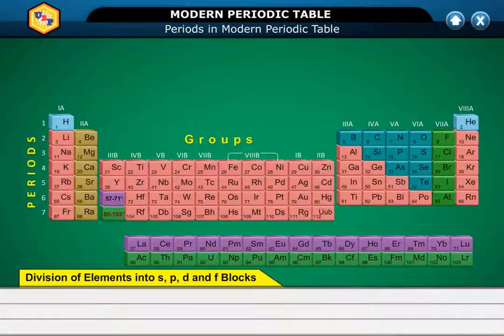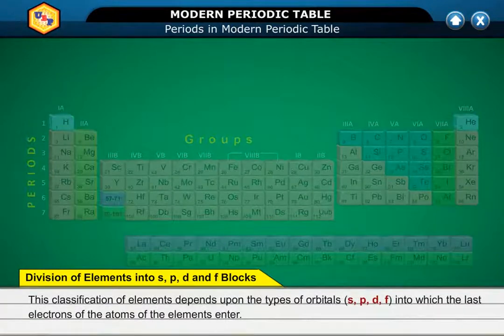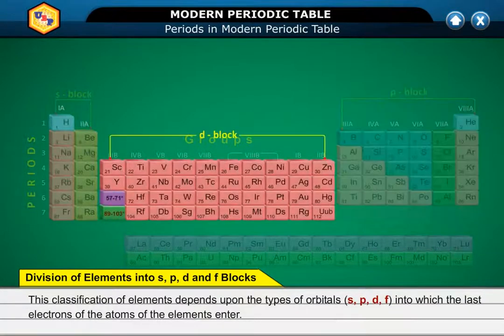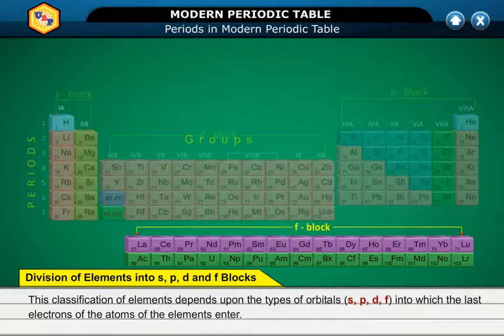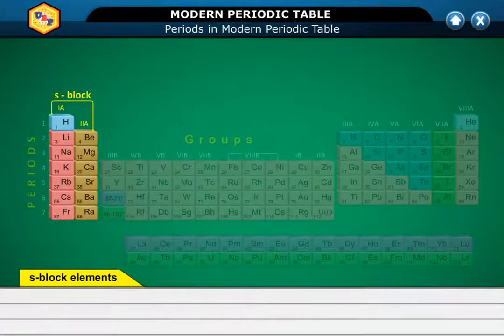Division of elements into S, P, D and F blocks. This classification of elements depends upon the types of orbitals, that is S, P, D or F, into which the last electrons of the atoms of the elements enter. S block elements.